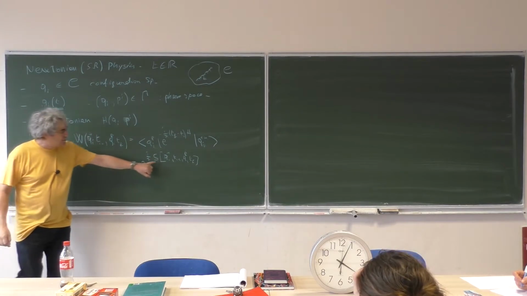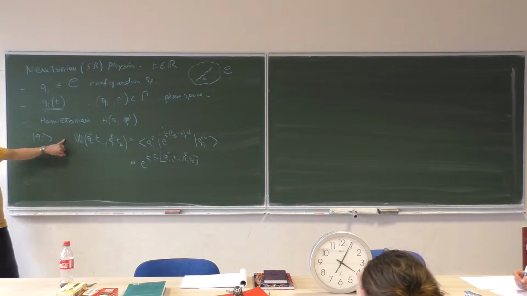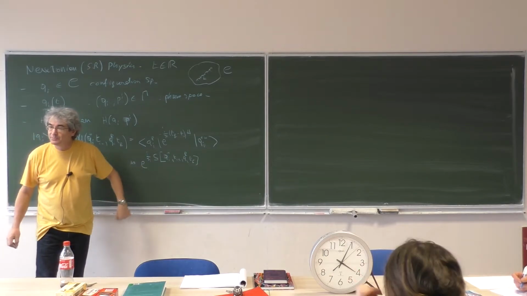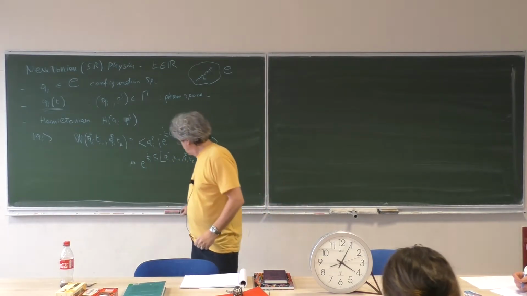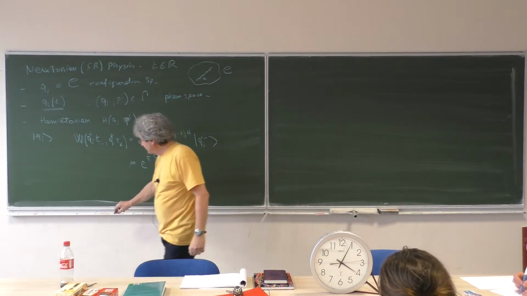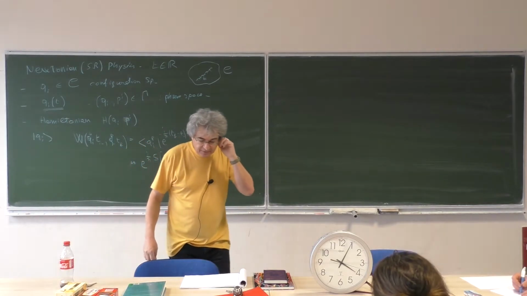So the Hamilton function gives the first approximation to the quantum transition amplitudes, and the Hamilton function is the solution of the Hamilton-Jacobi equation.